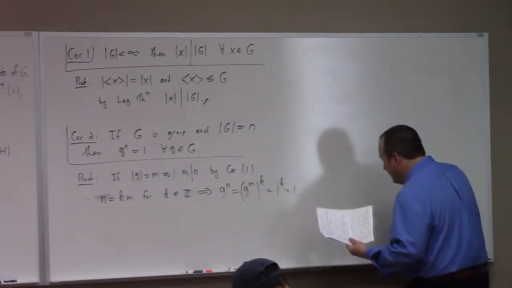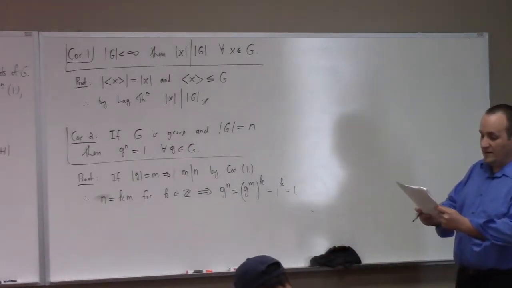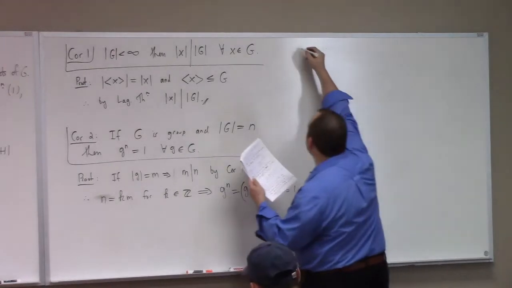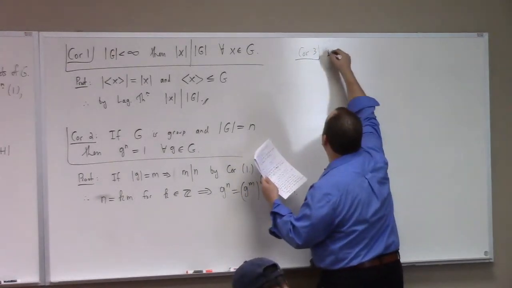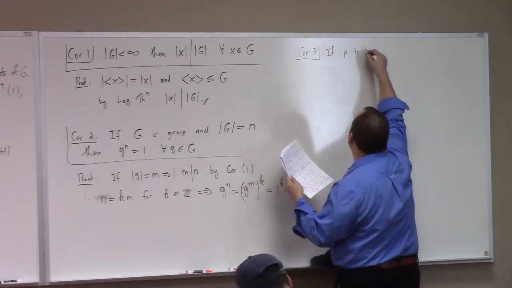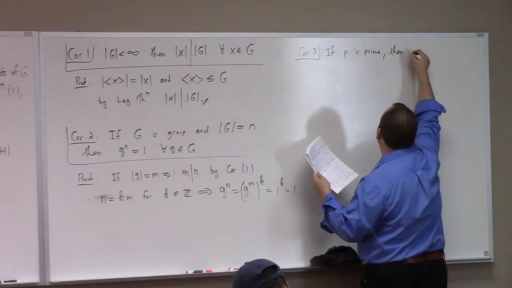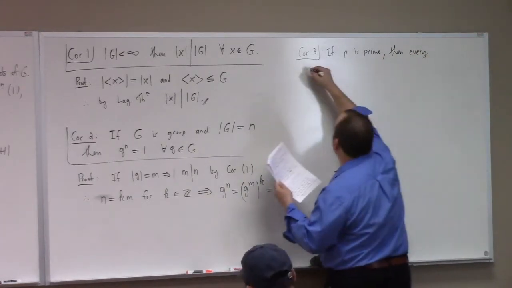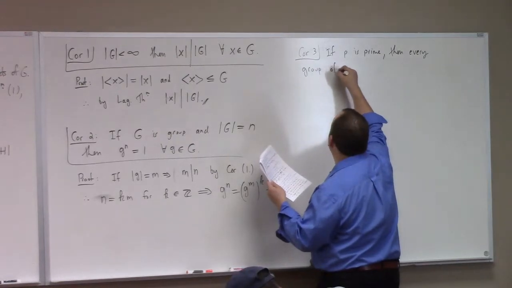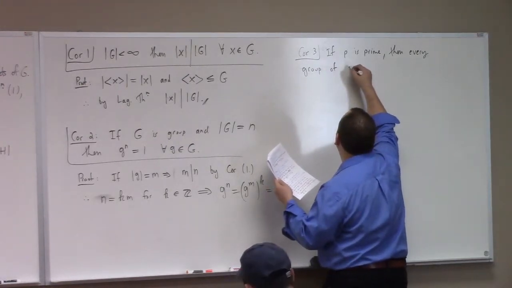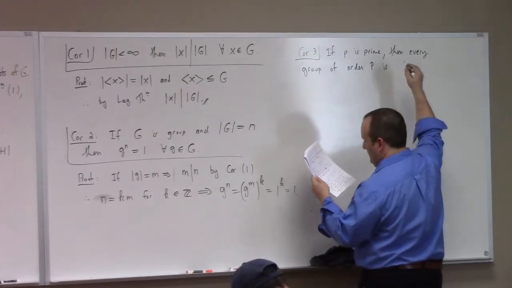These are not too impressive to me. I mean, they're cool, but they're not too impressive. This right here makes me go, what? Corollary 3, this is neat. If p is prime, then every group of order p is cyclic.